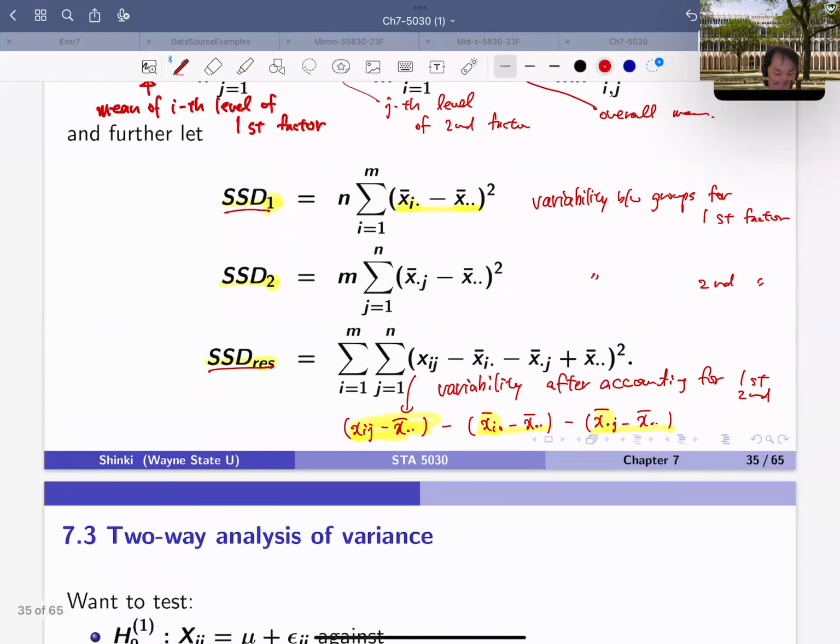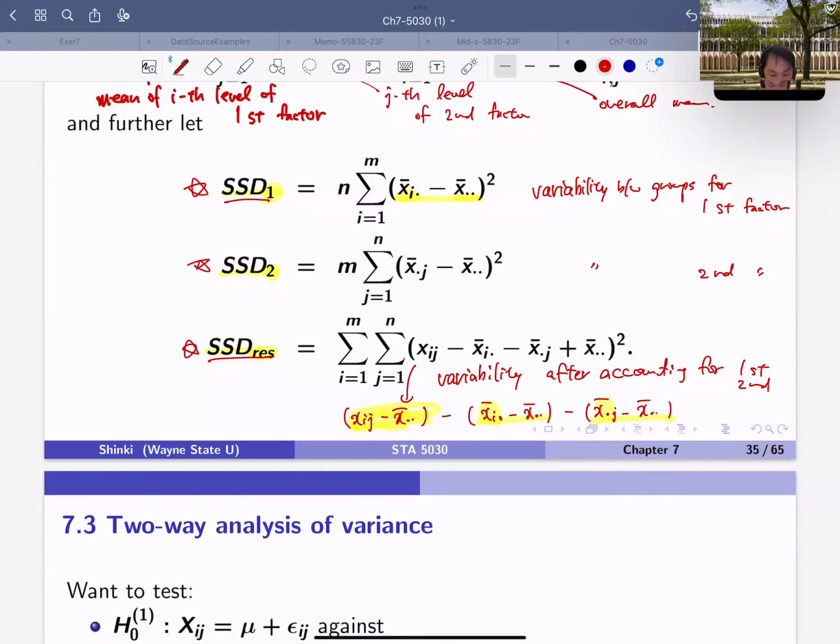So basically, if SSD1 is large compared to intrinsic error, then we decide that the first factor matters for these x_ij's.